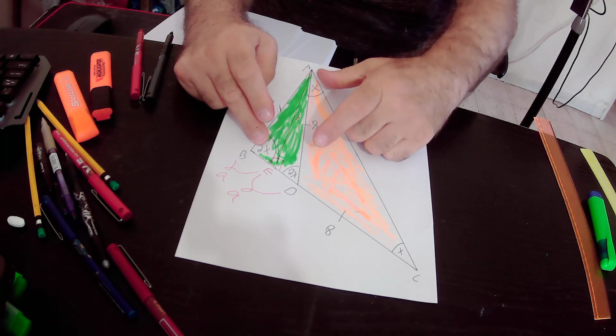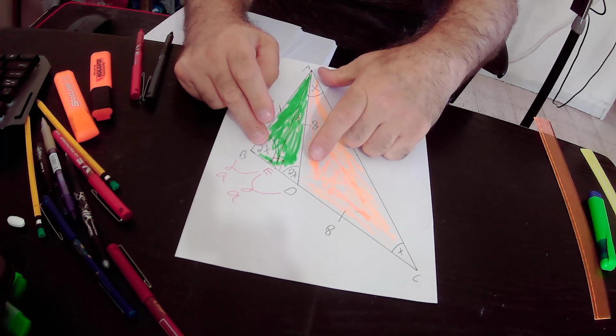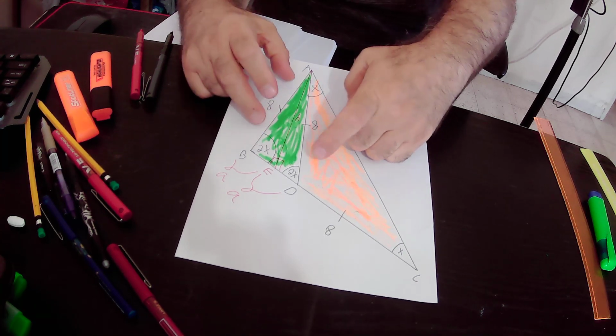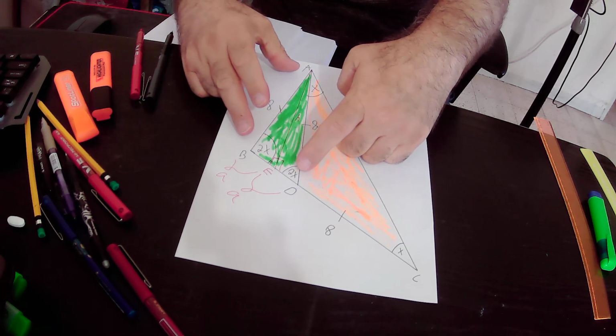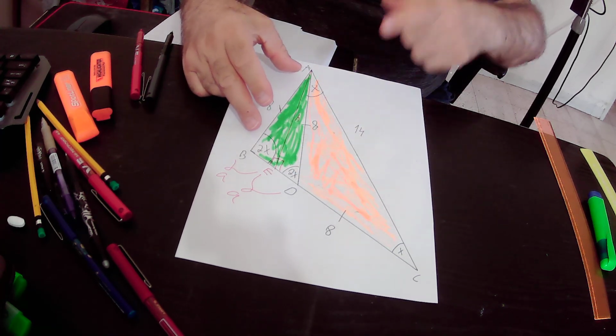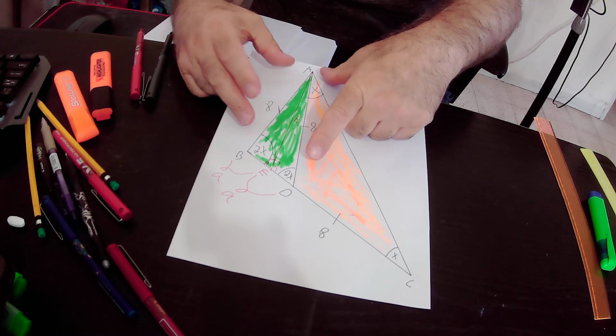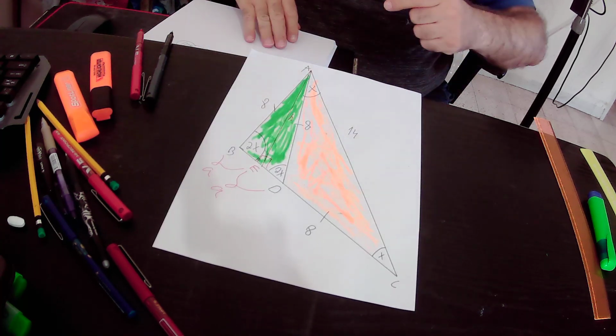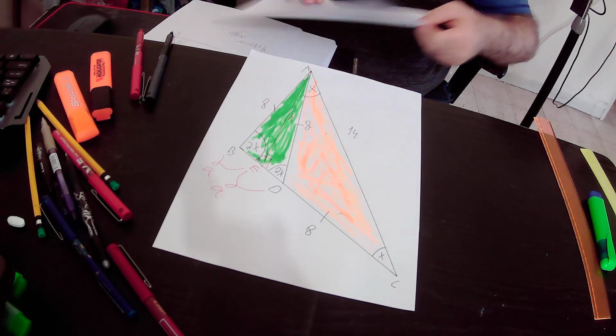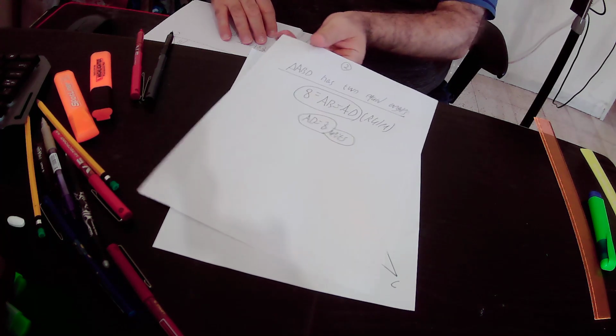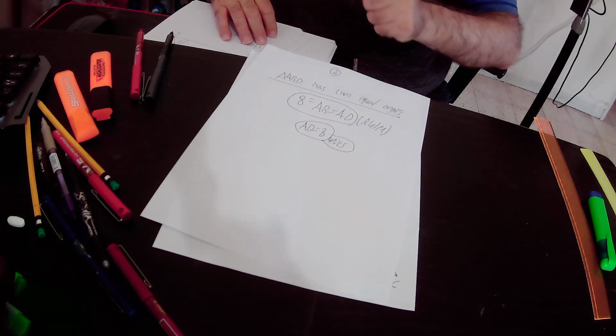This angle is in front of side AD of triangle ADB, and this angle is in front of side AB. So according to rule number 1, AD equals AB.